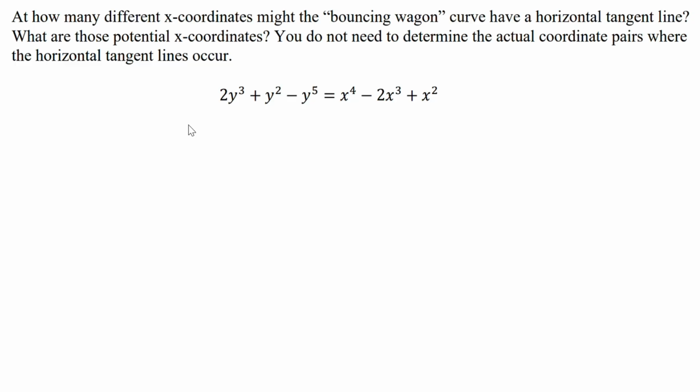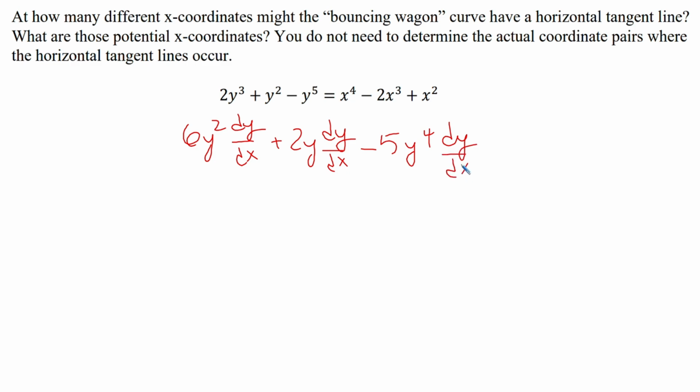That's going to give us 6y squared dy/dx plus 2y dy/dx minus 5y to the 4th dy/dx is equal to 4x cubed minus 6x squared plus 2x. All just a bunch of power rule derivatives.